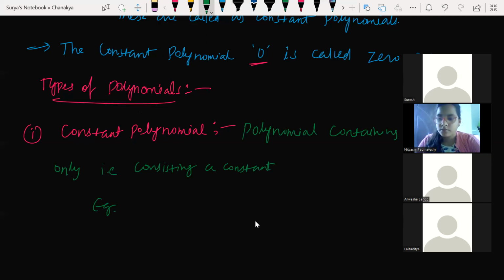Constant polynomial. Example, you write anything: 4, minus 3, 4 by 3, 9 by 8, minus 11 by 3, anything, etc.